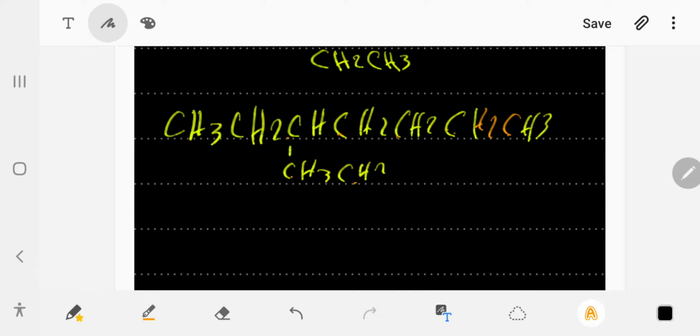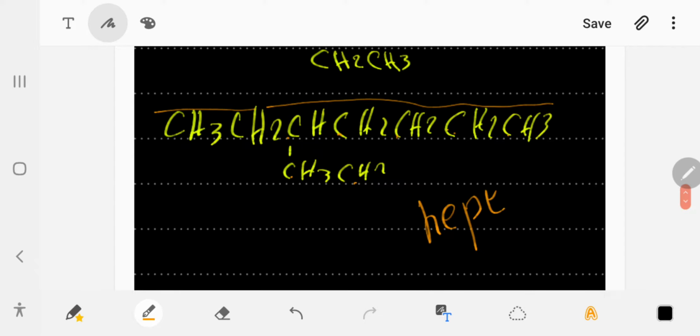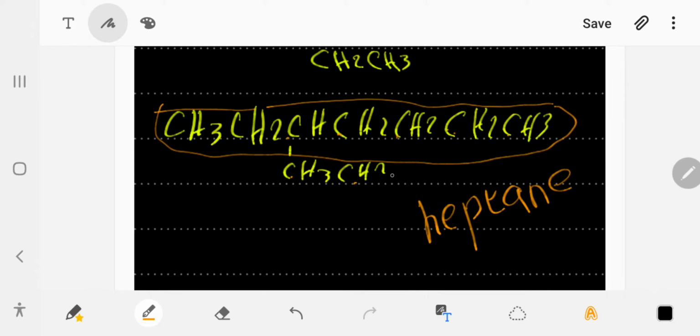So we simply take this one and consider that this is the longest chain. 7 carbon atoms means heptane, and here we have this branch.